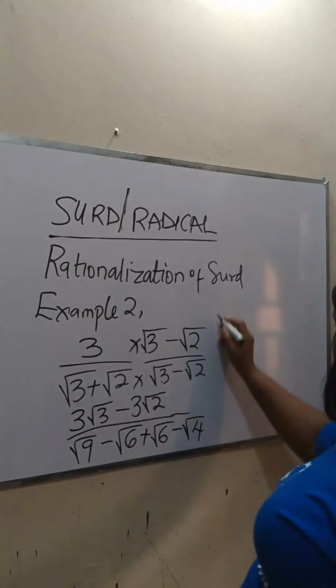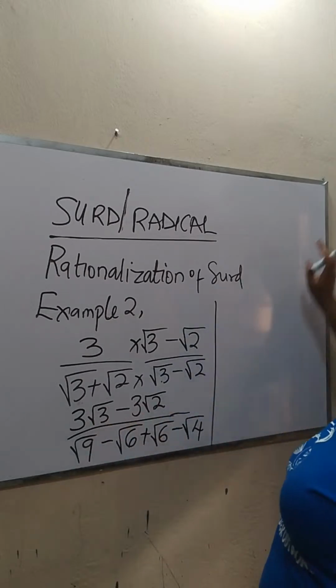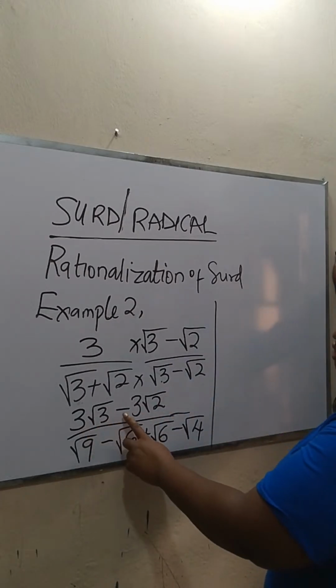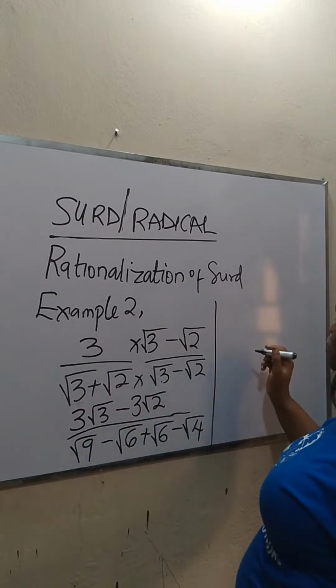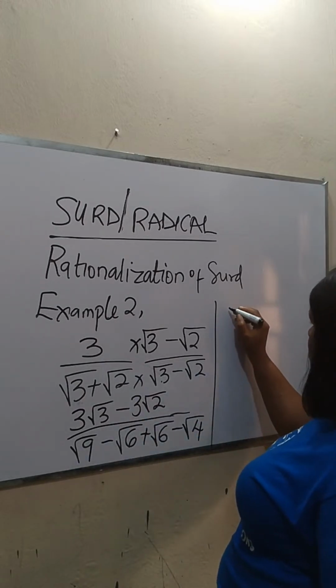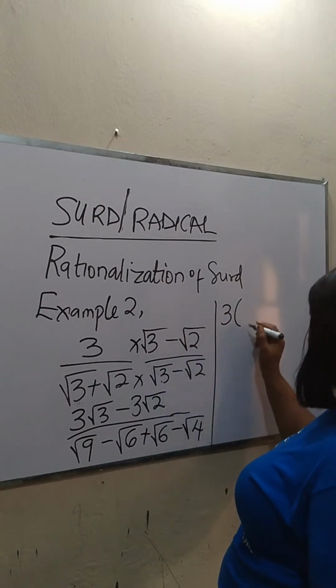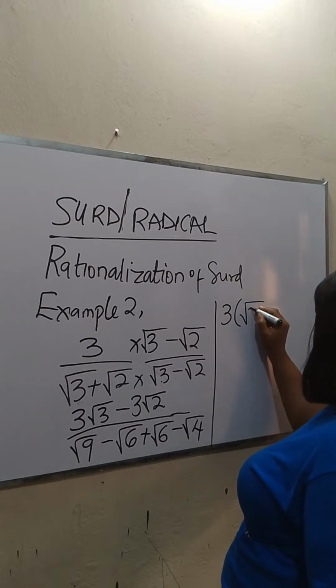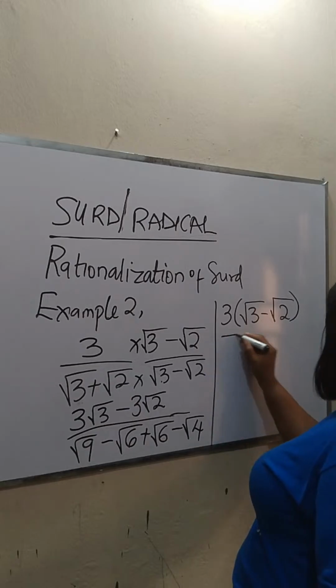Okay, so here the roots are not similar, so I'm going to write it as we just have it there. We can just say 3 brackets what we have here, root 3 minus root 2. Let's leave it as this, all over.